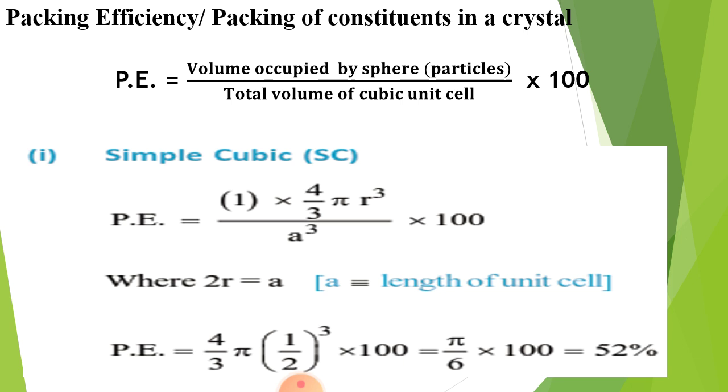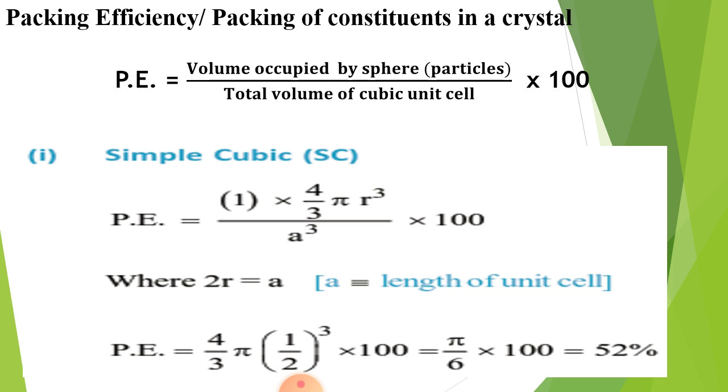As I told you, here atoms belong only to the corners, and the contribution of each atom is 1/8. So by this, the simple cubic unit cell gets only one atom. Write the formula.